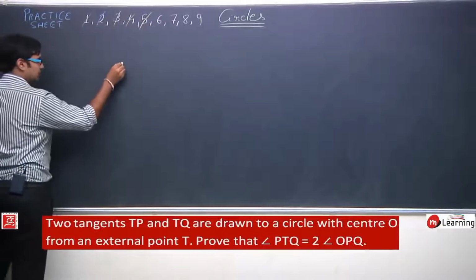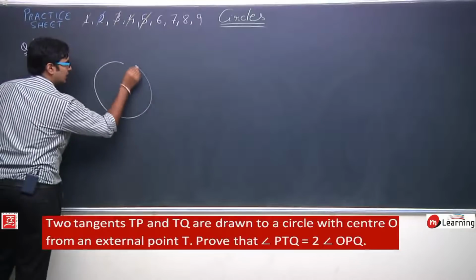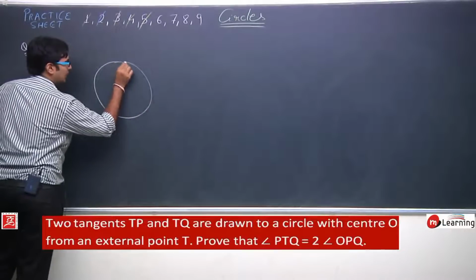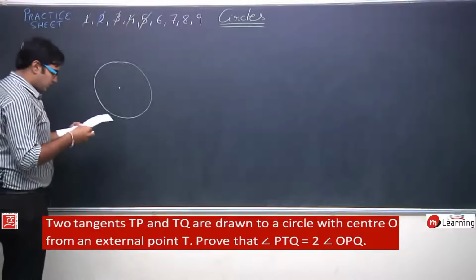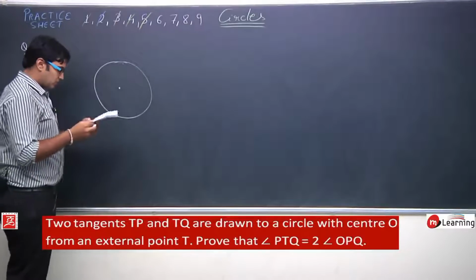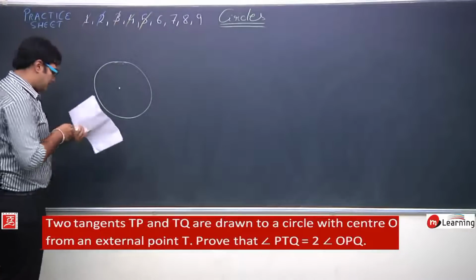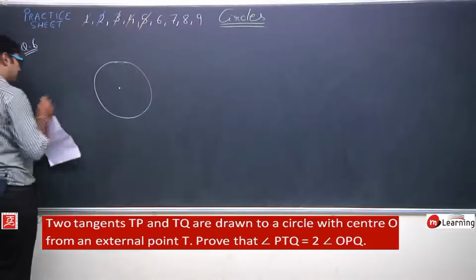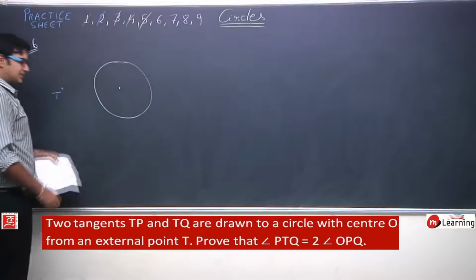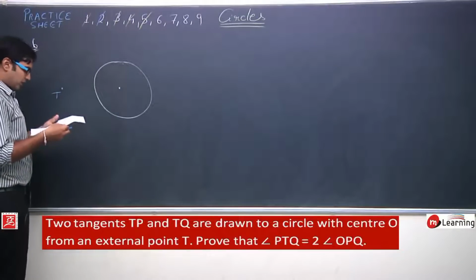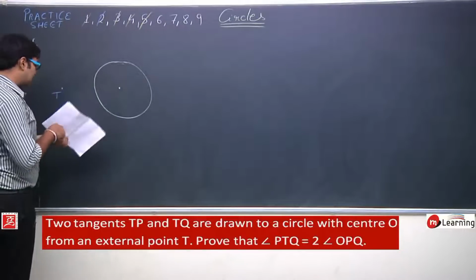Okay, so the question says, there is a circle like this, and on this circle two tangents are drawn from an external point T. There is an external point T and two tangents are drawn from this point T, that is TP and TQ.